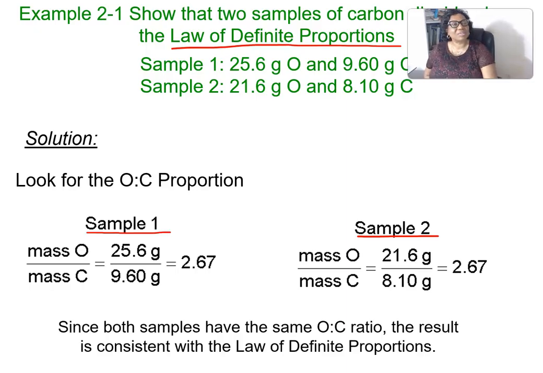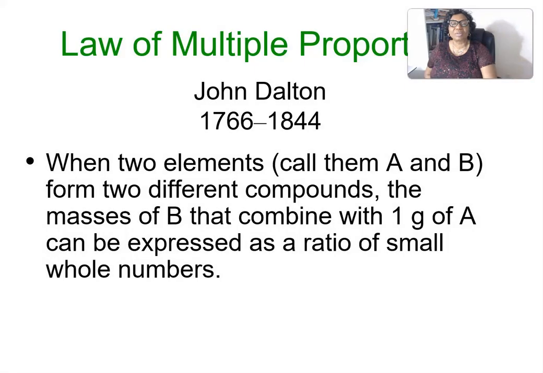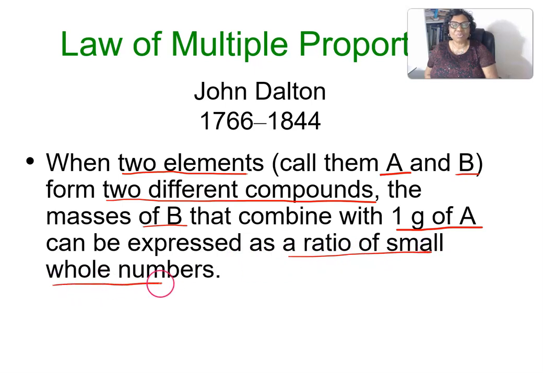We want to look at another law, the law of multiple proportion. I hope you are with me. The law of multiple proportion states that when two elements, A and B, form two different compounds, the masses of B that combine with 1 gram of A can be expressed as a ratio of small whole numbers.